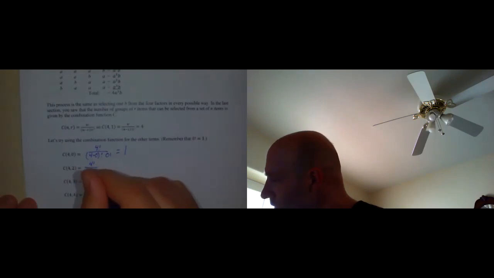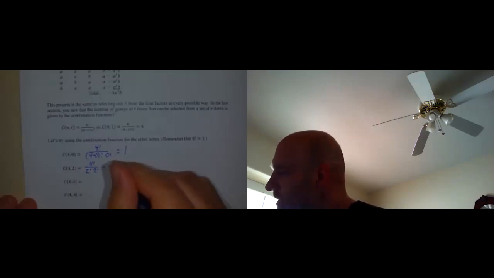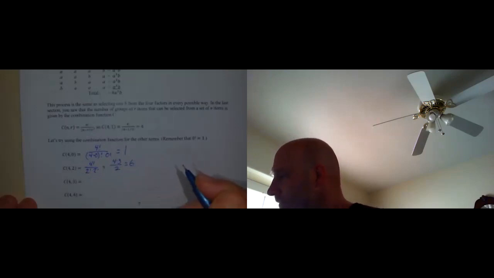Okay, so that is 2 factorial and 2 factorial again. You can cancel. So I will end up with 4 times 3 times 2 times 1. Oh, well, the 2 and the 1 take care of one of those. Over 2, I will end up with 6.